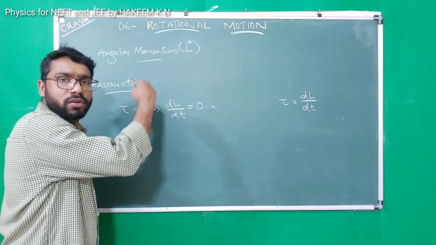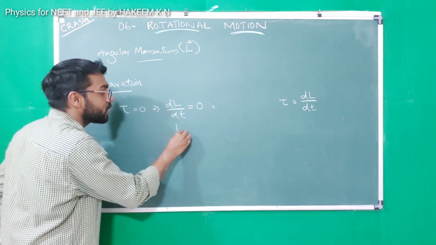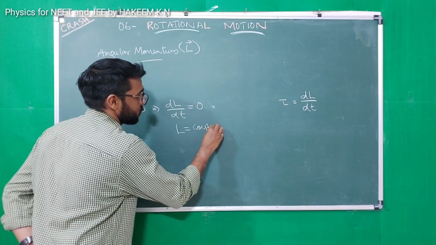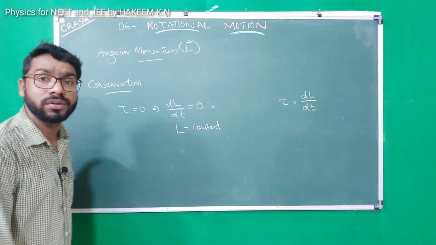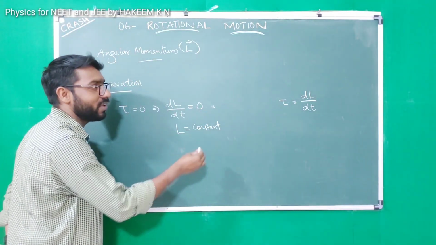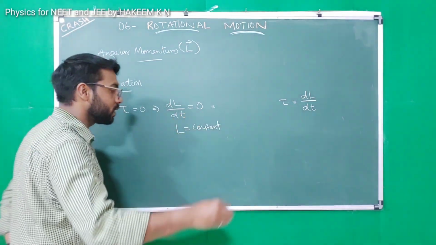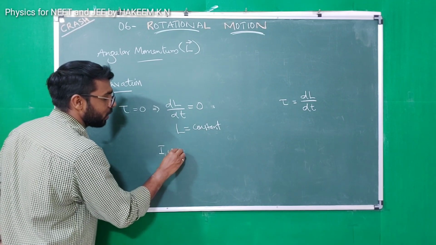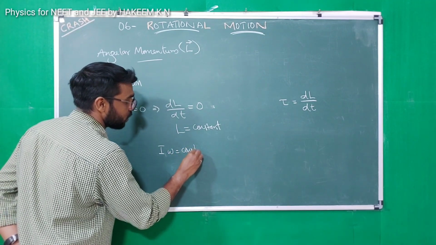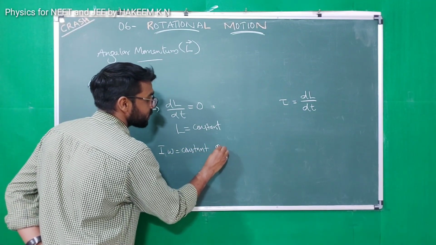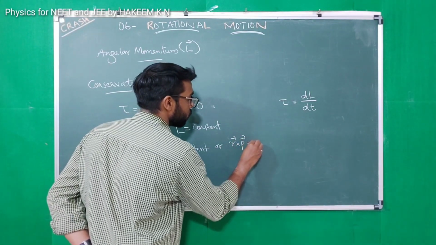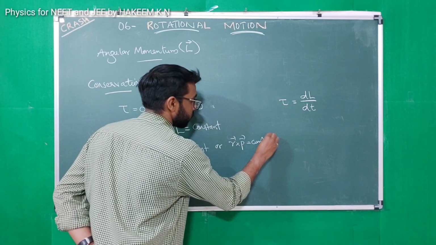Rate of change of angular momentum 0 means no change in angular momentum. L equal to constant. For L we can give the equation I omega. So we can say I omega equal to constant, or we can say R cross P equal to constant.